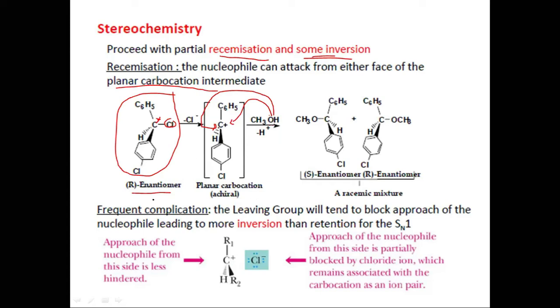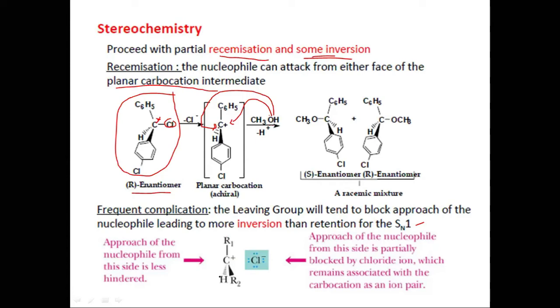reaction. The leaving group will tend to block the approach of the nucleophile, leading to more inversion than retention for the SN1 reaction. Because in this case, try to visualize that you have different R1 and R2 substituents.